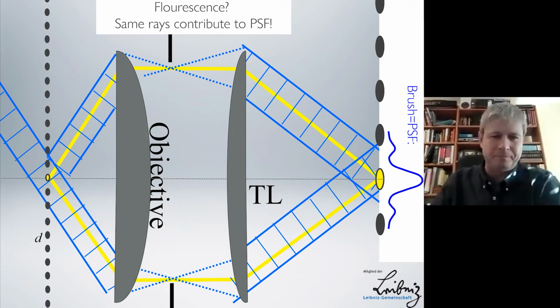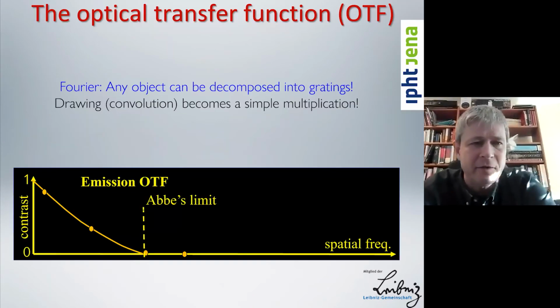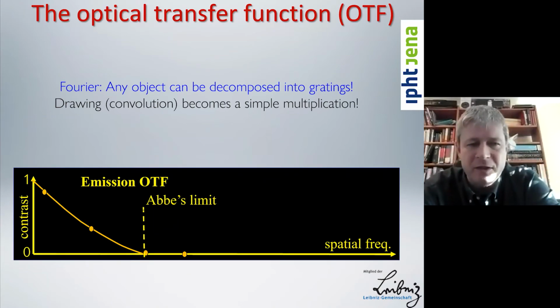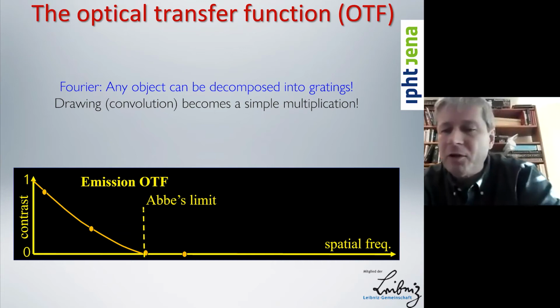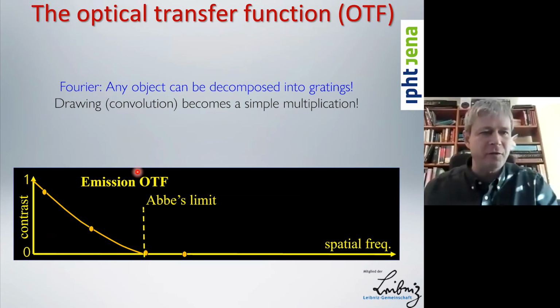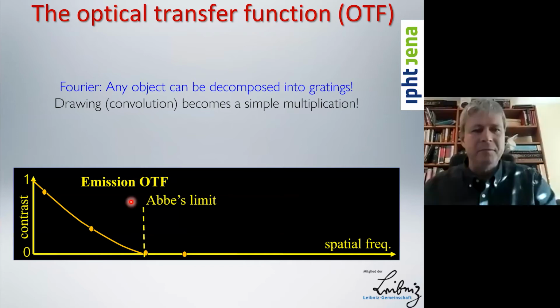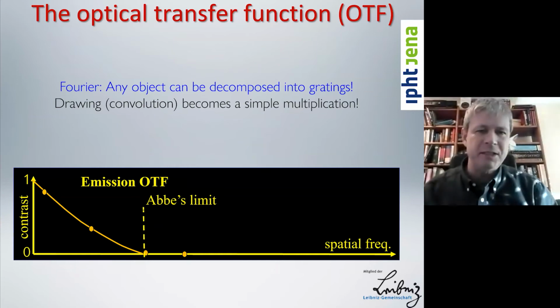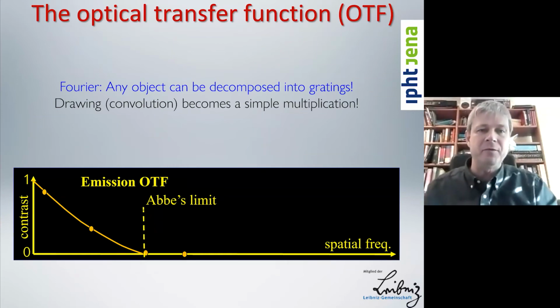And this is nicely summarized in Fourier space by plotting the optical transfer function, or sometimes called the modulation transfer function, which is really just the absolute value of the optical transfer function. And this convolution operation that you've seen as this complicated drawing with the brush in real space, in Fourier space becomes really, really simple. It's a simple multiplication.